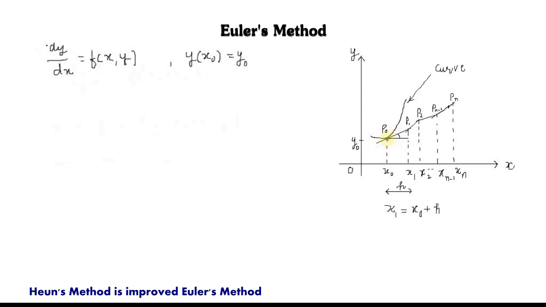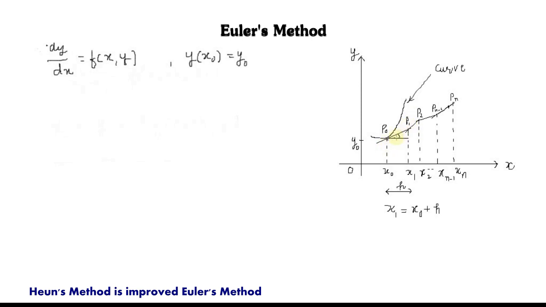Through this tangent, if we move one step forward, means we take x1 on the x-axis and the corresponding value of y is y1, then we get the point p1.